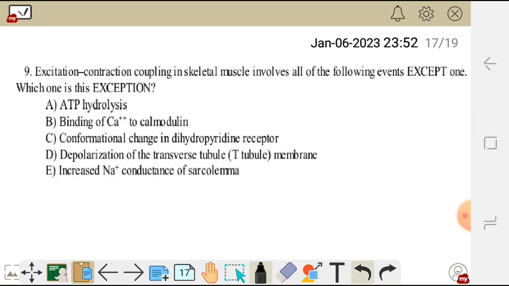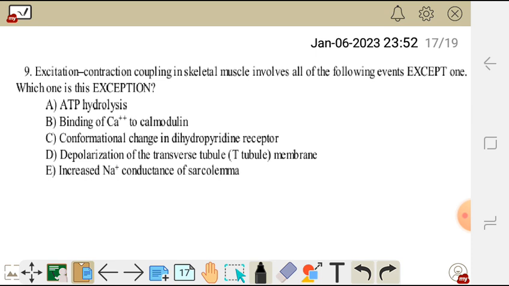Question 9. Excitation contraction coupling in skeletal muscle involves all the following except one. Which one is this exception? A, ATP hydrolysis. B, binding of calcium to calmodulin. C, conformation change in dihydropyridine receptor. D, depolarization of the transverse tubule membrane.